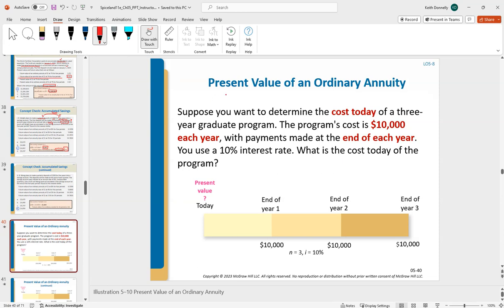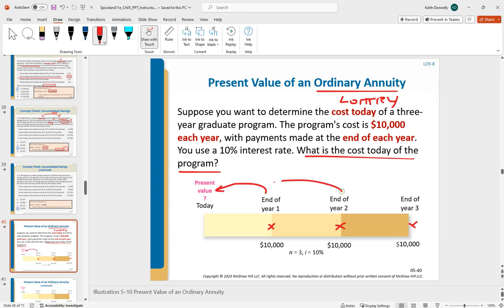Okay, let's talk a little bit about the present value of an ordinary annuity. I said this is like the lottery. They're giving us some information here. Suppose you want to determine the cost of a 3-year graduate program. The cost is $10,000 each year with payments made at the end of the year. What is the cost of the program in today's dollars?